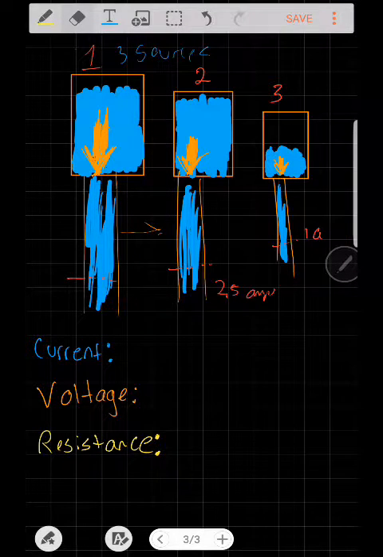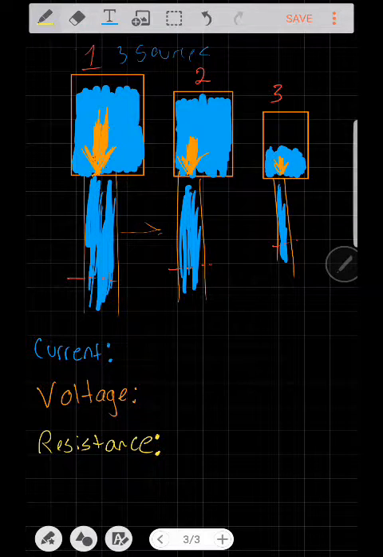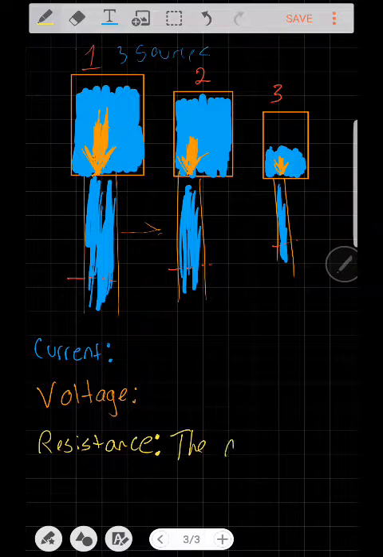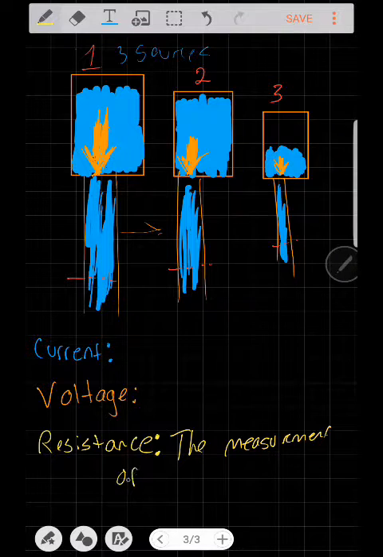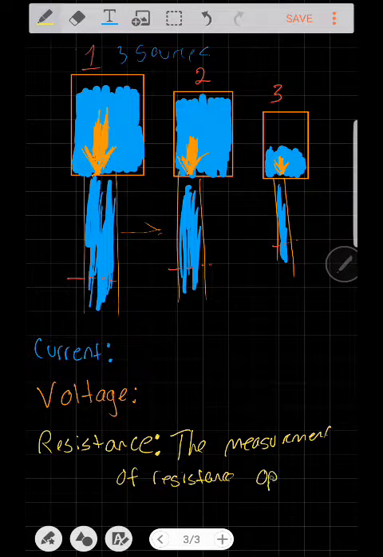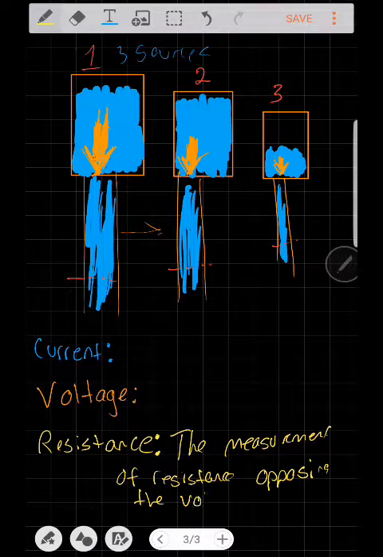The definition of resistance, as you could probably guess, is the measure of resistance opposing the voltage.